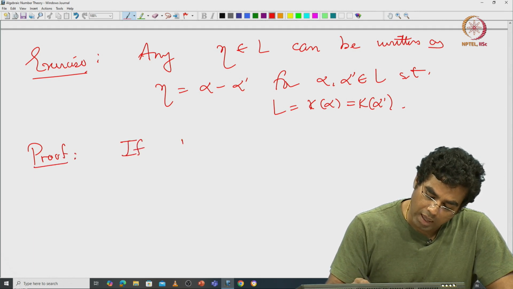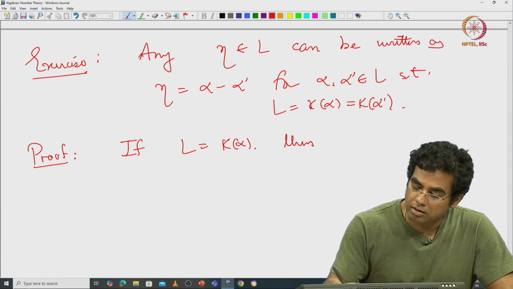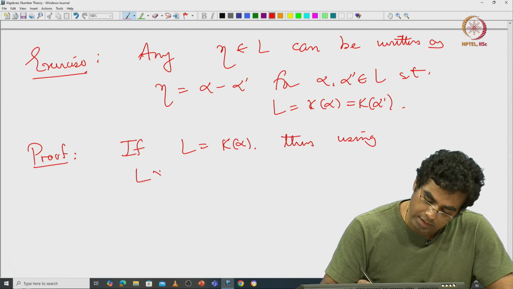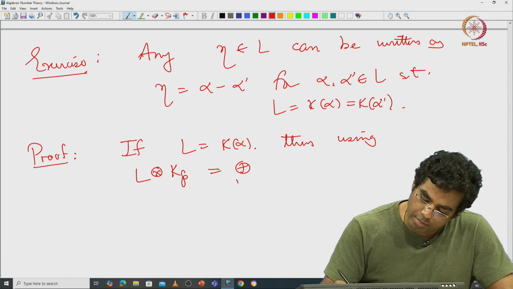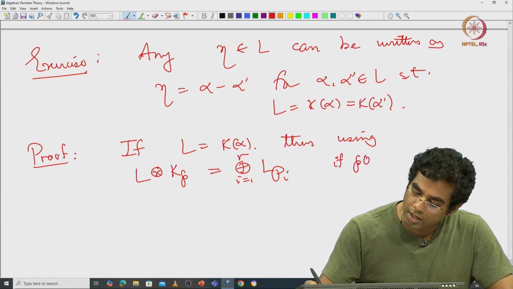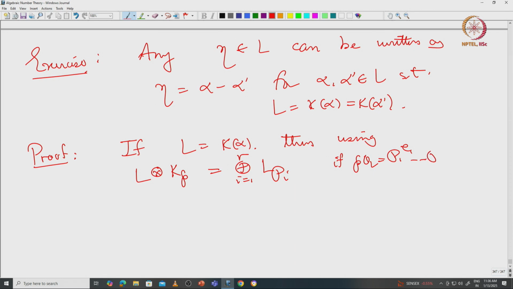So, if L is K(alpha), then using the fact that L tensored with K_p is the direct sum over i going from 1 to r of L_Pi, if pO_L is equal to P1 to the e1 ... Pr to the er, which we proved 2 lectures ago, we get that the trace from L to K of alpha is equal to the summation over i going from 1 to r of the trace from L_Pi to K_p of alpha.